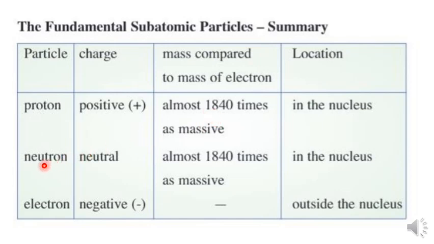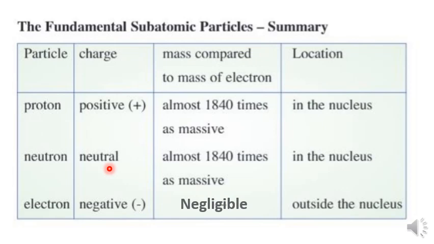And the neutron has similarly the same mass as the proton, and it is 1,840 times more massive than the electron. So the electron doesn't have any mass, or we can say that it has a negligible mass. Negligible means it's not important.